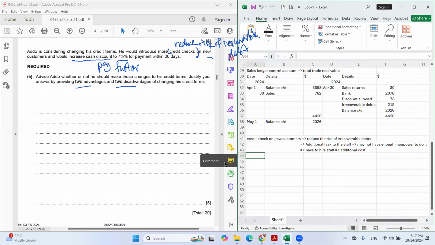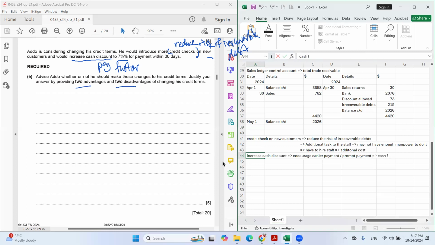The consequence, additional staff. Come to the increased cash discount. So the advantage is it encourages earlier payment or prompt payment. So this is a good thing. Then your cash flow position will be better.